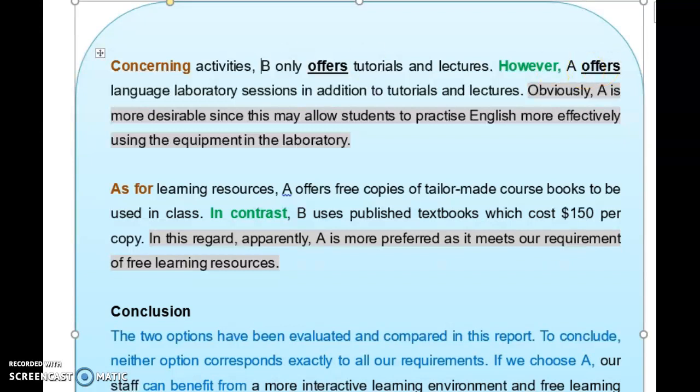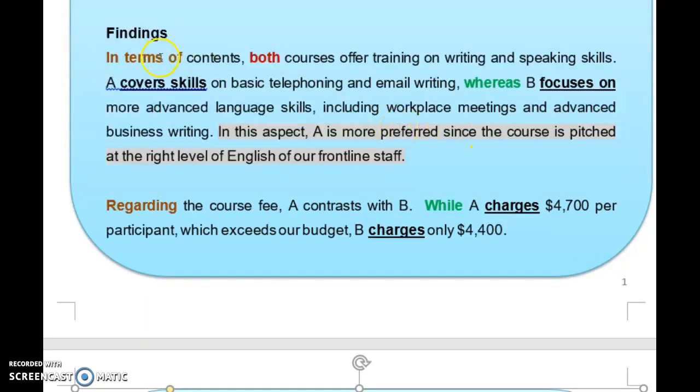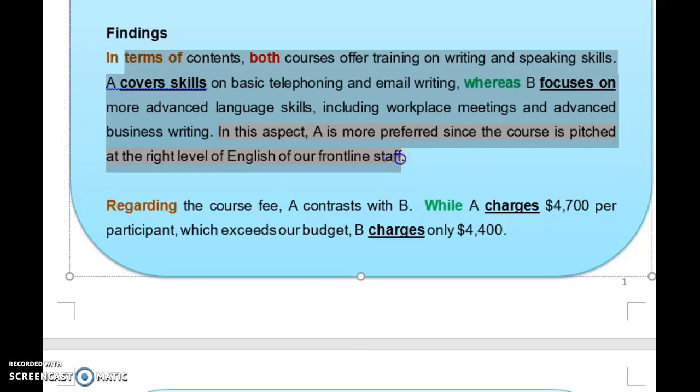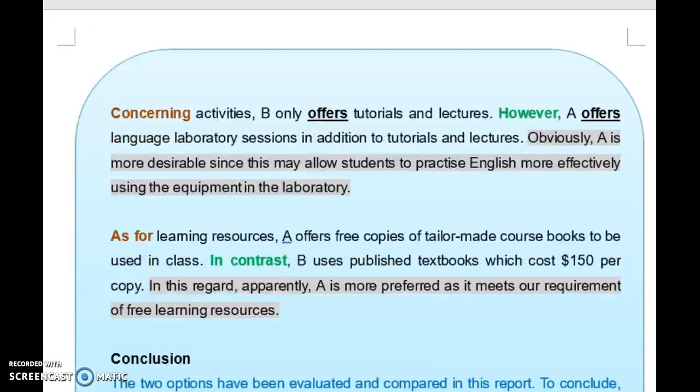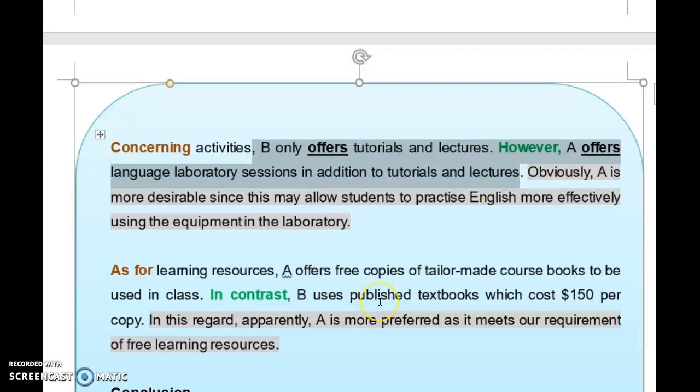But if you look at the first paragraph of the findings section, you have already written a lot. So that's why I feel that it's not necessary to follow the 3-step pattern strictly. So for activities, I start by giving the specific details.